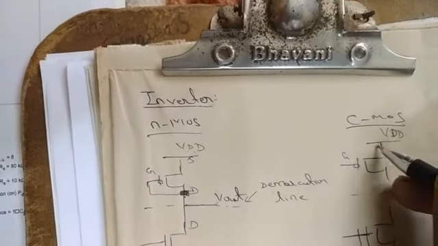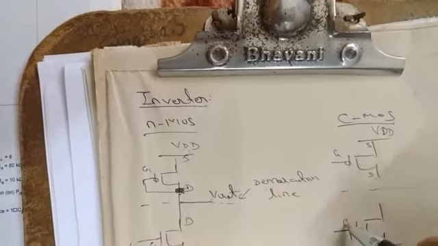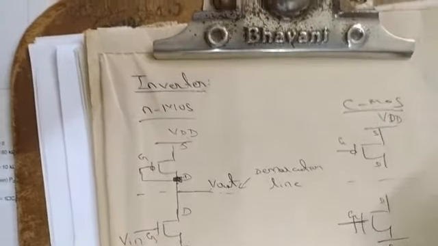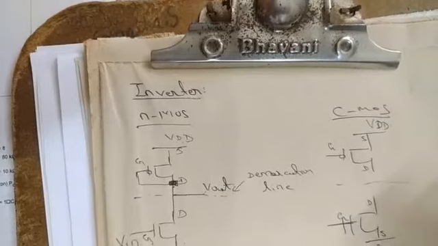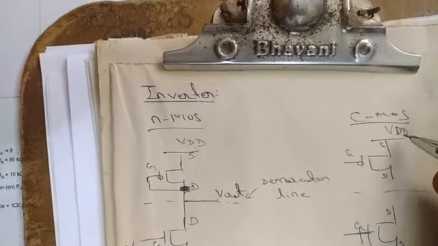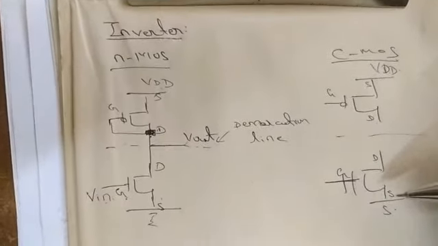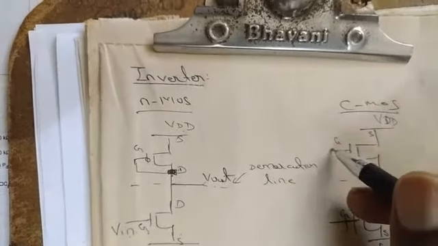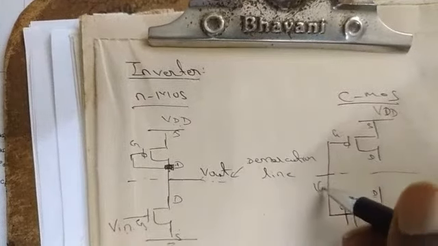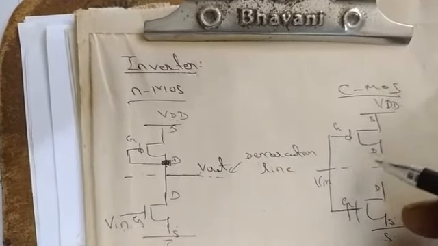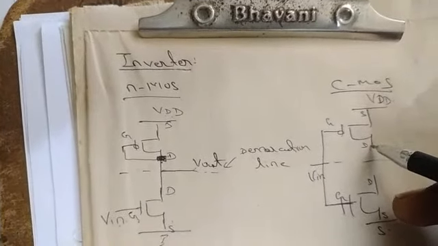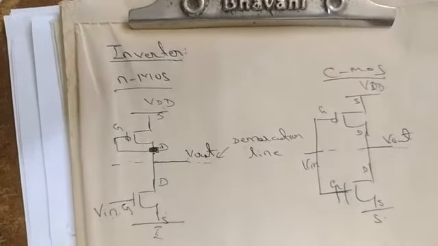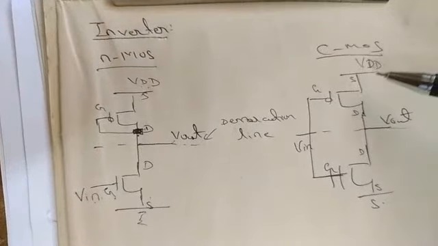If I represent the terminals, gate, drain and source. The source region of the PFET should be connected above to VDD, and the source region of the NFET should be grounded. The two inputs should be shorted and given as V in, and the two drain regions should be shorted, and we take V out. So this is the connection for the CMOS.